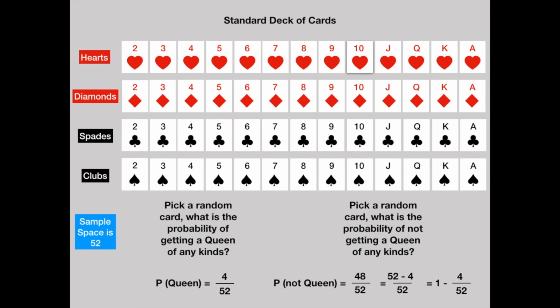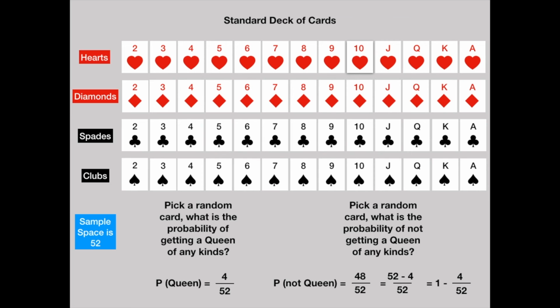In this event, there are 4 queens in a deck of cards, so the total number of outcomes is 4, and the sample space is 52. So the probability of getting a queen is 4 over 52.